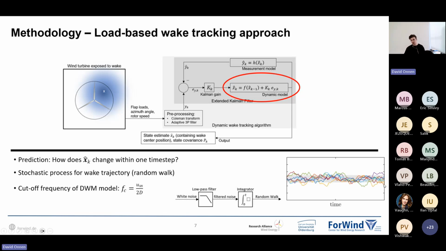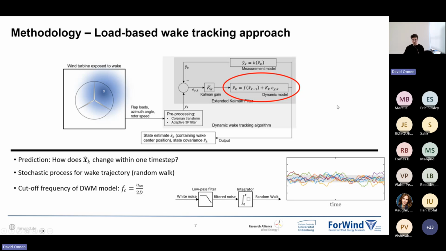That's how these random walks look. And this kind of stochastic modeling is relevant at the higher end of our dynamic range, so at the spatial scales which are really close to 2D, or the time scales of ambient wind speed over 2D. The slower changes of wake position are included anyhow by the slowly changing loads.